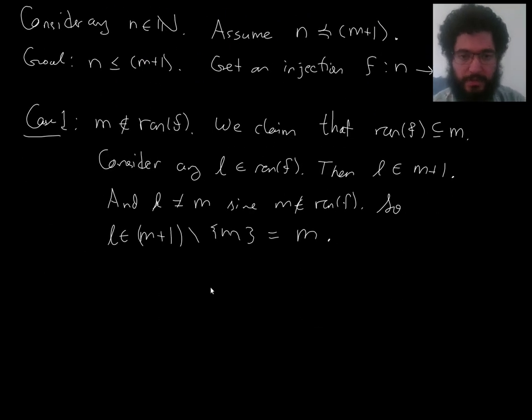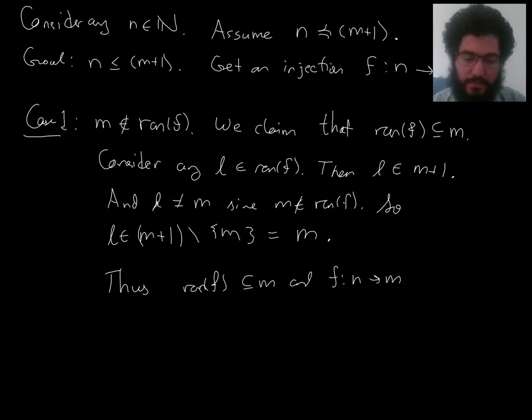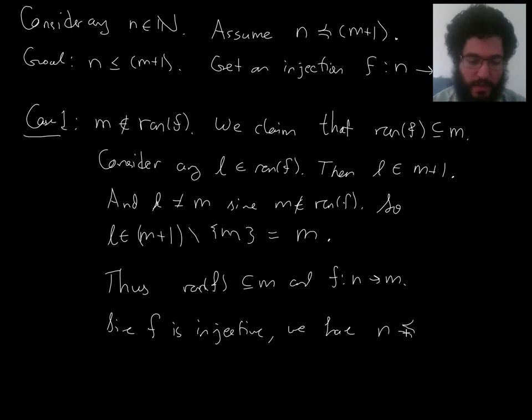So new paragraph. Thus, the range of F is a subset of M, and F maps N to M. Now, since F is injective, let me write that a little better, we have proven that N can be injected into M, right?